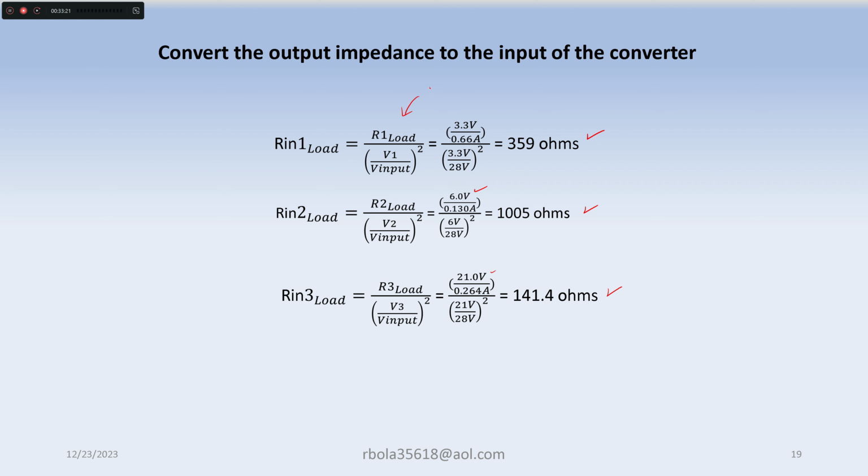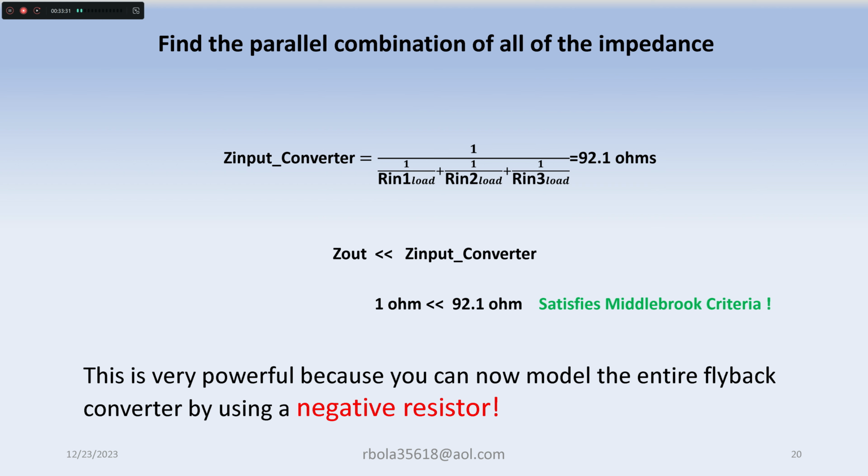I'm just doing this to simplify. Then, once you have the three, you put them all in parallel, and you come up with the input impedance of the converter.